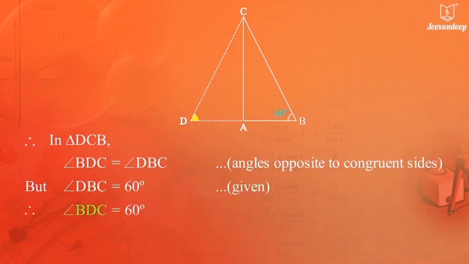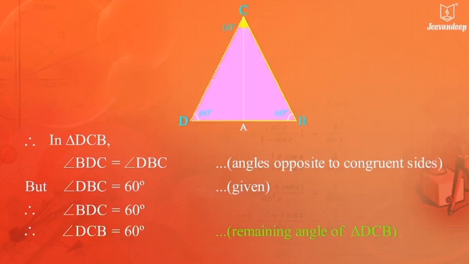Therefore, angle BDC should also be equal to 60 degrees. Therefore, angle DCB is also equal to 60 degrees, being the remaining angle of triangle DCB.